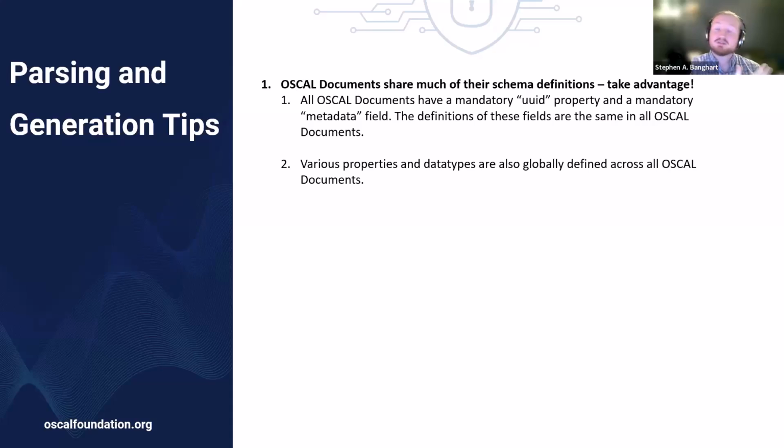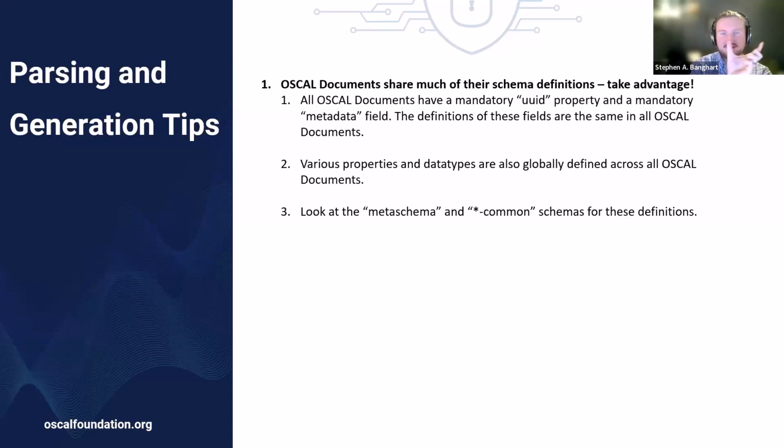They're only defined once globally and then used in each of the different OSCAL document types. So definitely be aware of that and take advantage of it to save yourself some time and make things go a little bit smoother. And there are in particular schemas with the dash common language at the end of their file names. That'd be a great place to start looking for those global definitions.